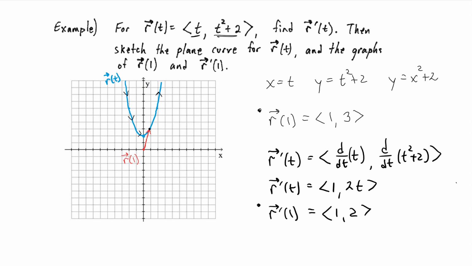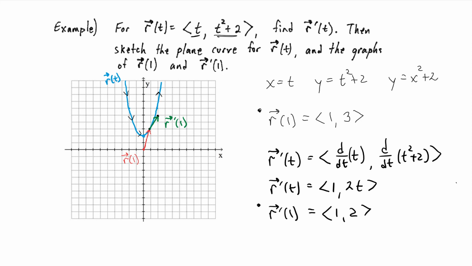We're going to move right 1, and then we're going to go up 2. So this green vector here, that is r prime at 1. And as you can see, that green vector looks like it's tangent to that curve at 1.